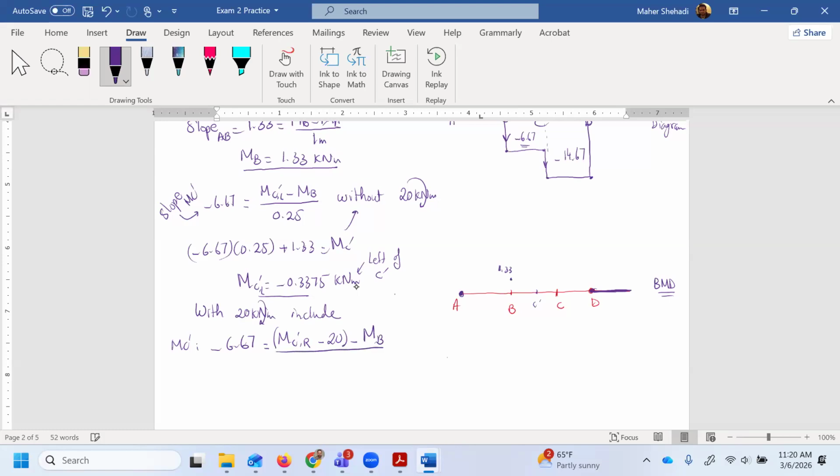Divide by the distance, 0.25. And then I can solve for the MC prime.